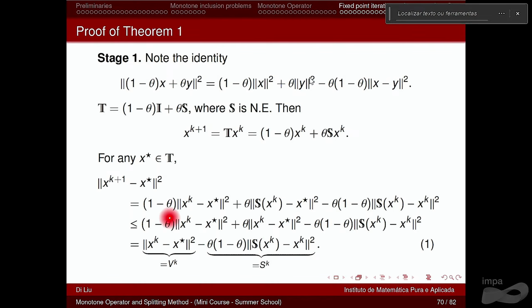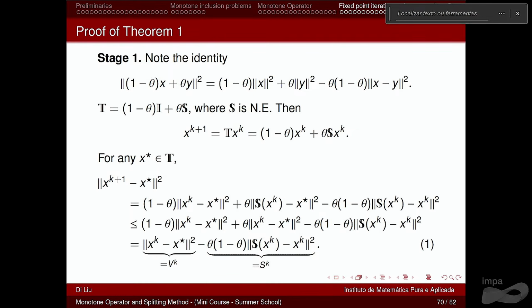The first term doesn't change, and the last term doesn't change either. What did we use here? We used the non-expansiveness of the operator s. Since x star is a fixed point, x star equals s x star, so we write it as s x star, then use the property of s. Then we reorganize these three terms together and get this one.